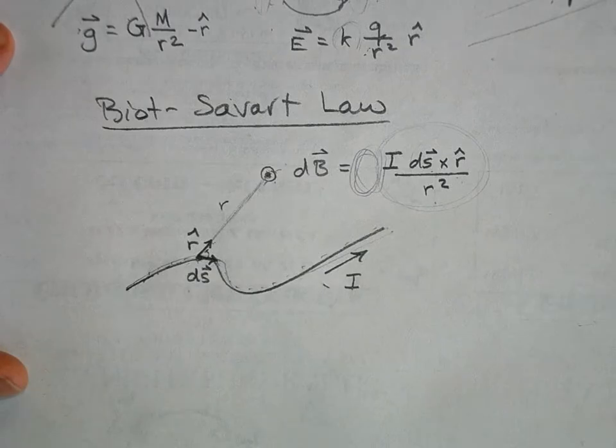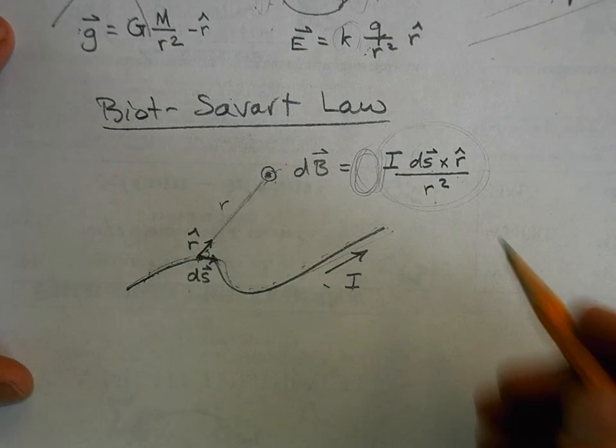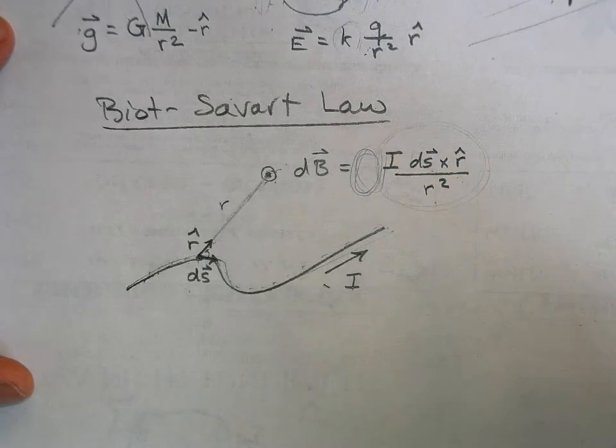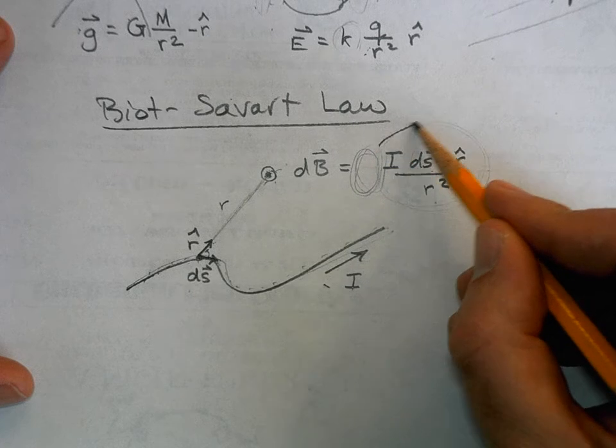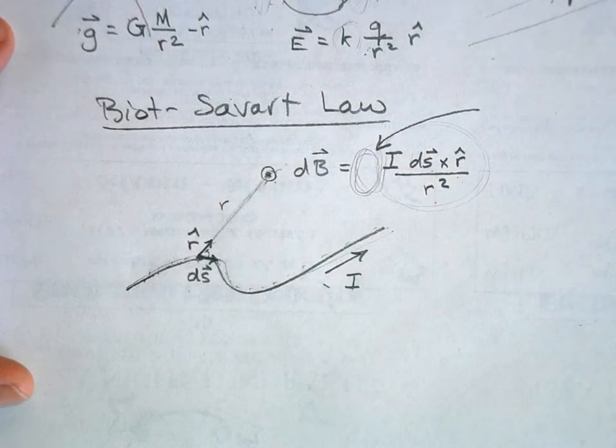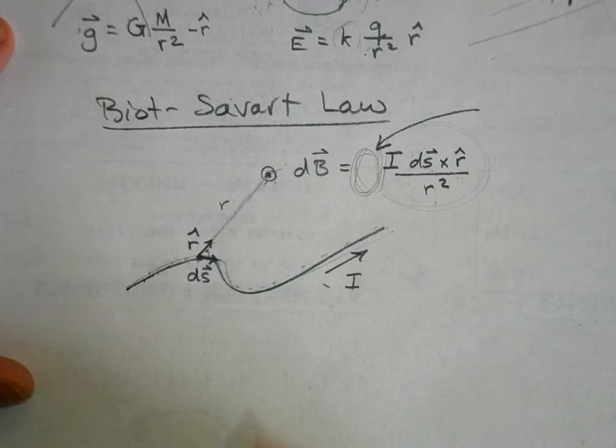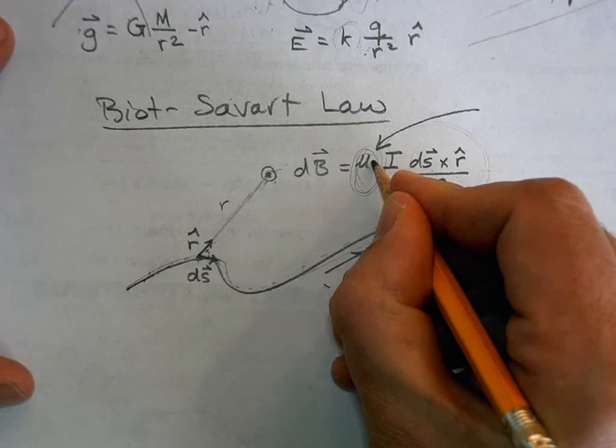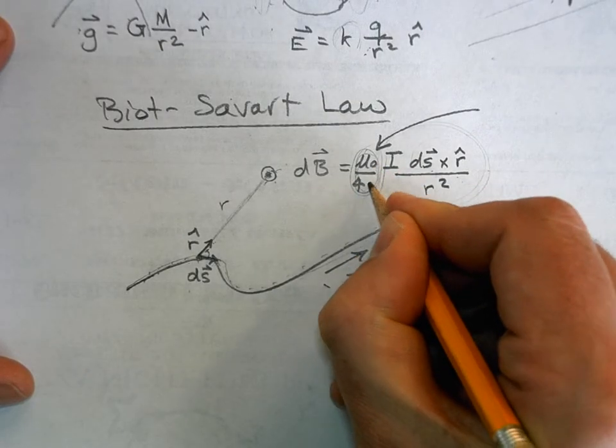And it's the weirdest constant of proportionality there is. And it drives students crazy, but I'm just going to have to tell you. The constant that's going to go out here is mu naught over 4 pi.